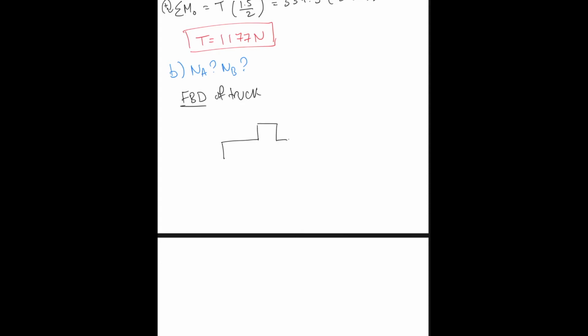Here's our little truck with the wheels, NA acting this way and NB acting this way. There's a frictional force acting that way, or no, frictional force will be acting this way. That's just assumed.